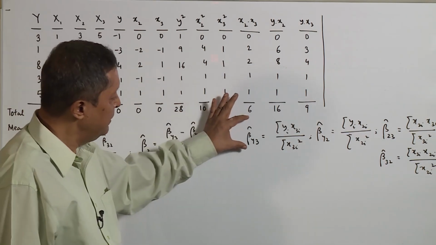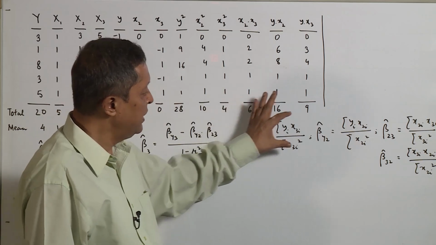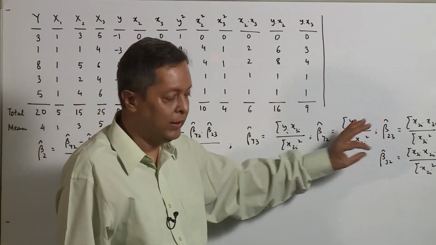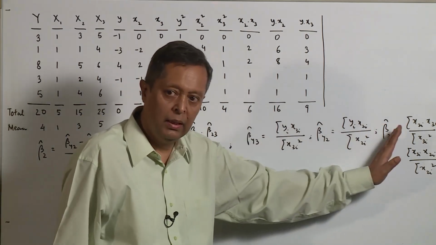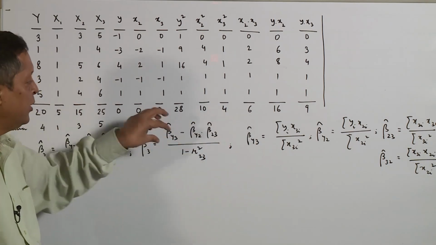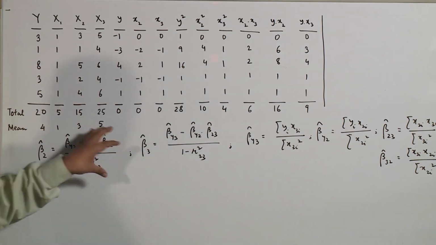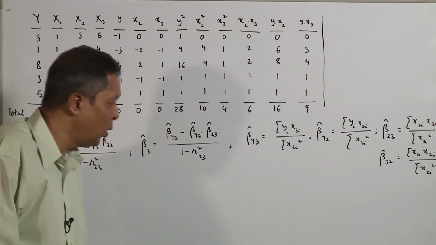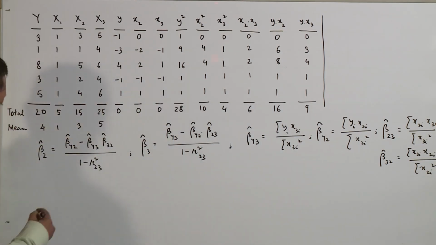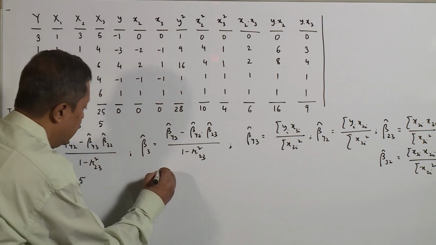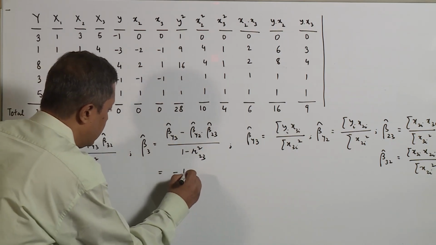Once we obtain beta hat y3, beta hat y2, beta hat 23 and beta hat 32, that means once we obtain the simple regression coefficient estimates, then we can substitute those values in the first two formulas to obtain beta 2 hat and beta 3 hat. And guess what? We have already shown that beta 2 hat would come out to be equal to 2.5, whereas beta 3 hat would come out to be minus 1.5.